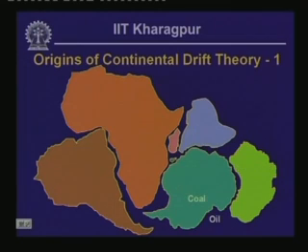Now, that was the beginning. Then what was observed, that in some parts of Antarctica huge deposits of coal were discovered, and also off the coast of Antarctica they found a reservoir of petroleum.